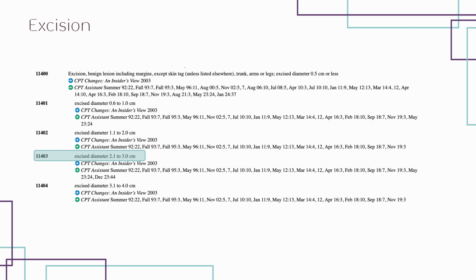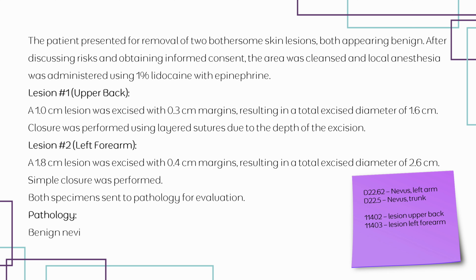And the CPT code for the excision of the lesion of the left forearm would be 11603 for an excised diameter of 2.1 to 3.0 centimeters. Next, we need to consider the type of closures that are done. You can see that for the lesion on the upper back, a layered closure is performed.